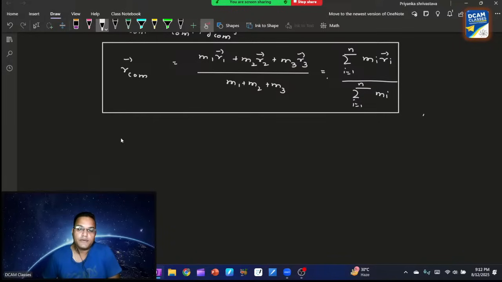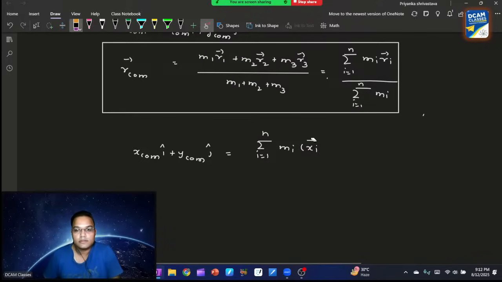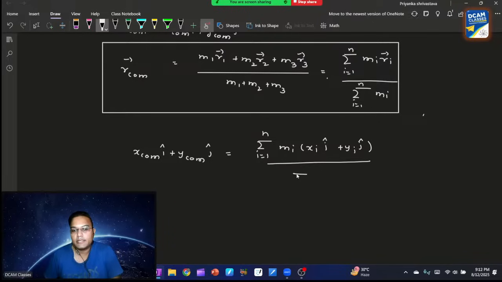See here, if we further use this one, we can write R center of mass is equal to this. Then we can write x center of mass i cap plus y center of mass j cap is equal to sigma i is equal to 1 to n mi xi i cap plus yi j cap by sigma i is equal to 1 to n mi.